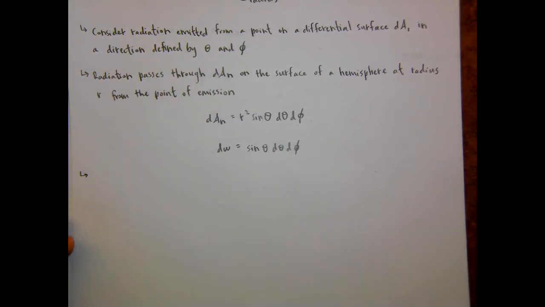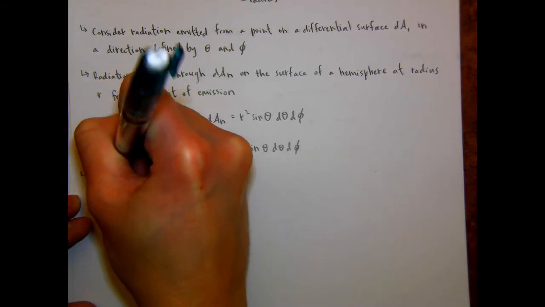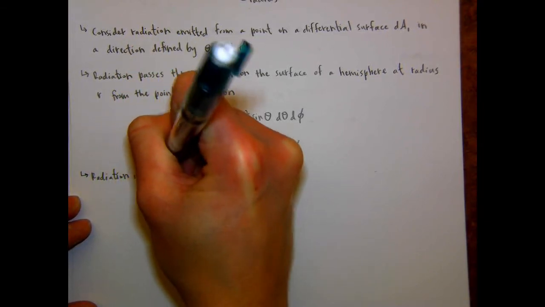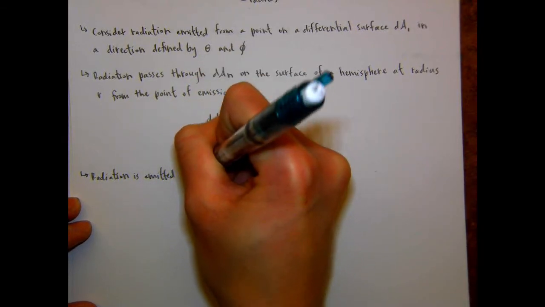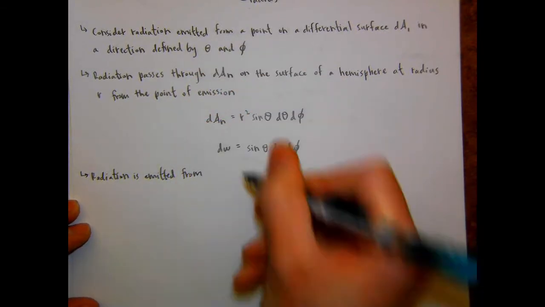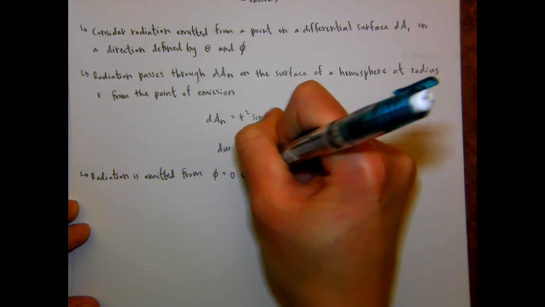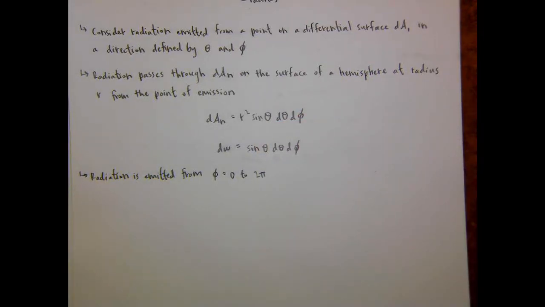So we know radiation is emitted in all directions defined by a hemisphere. And that corresponds to phi going from 0 to 2 pi. So that's all directions this way.